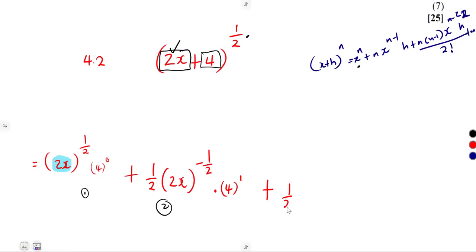So it's a half times, you drop the exponent, so it's minus half. Then we subtract 1 on our exponent, so it's going to be minus 3 over 2. The 4 is increasing its powers: 0, 1, now it's 2.